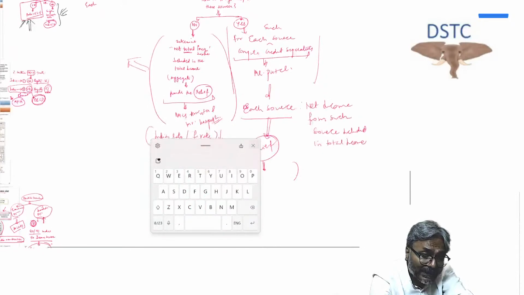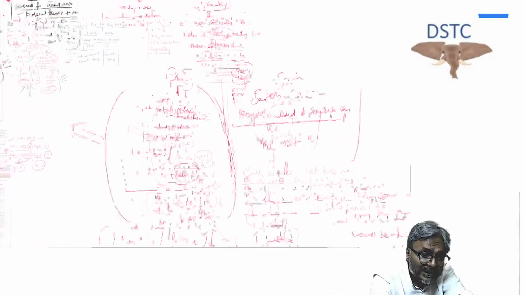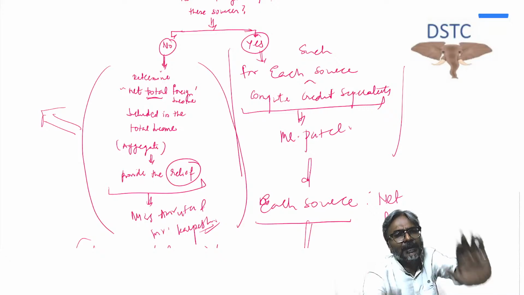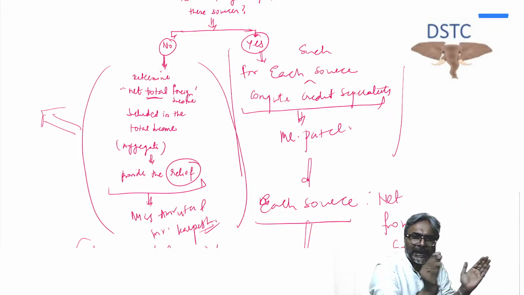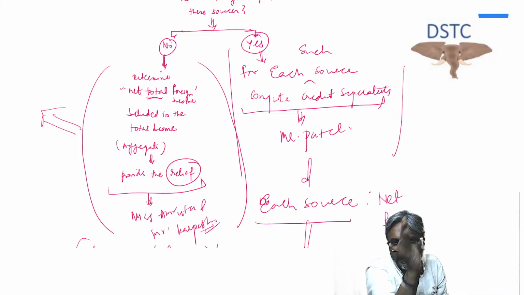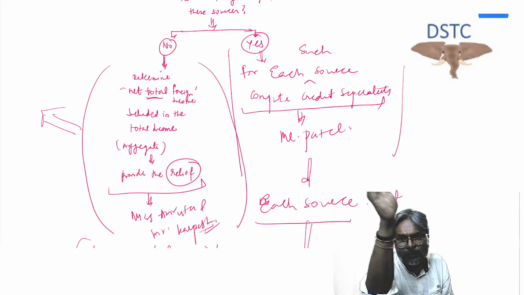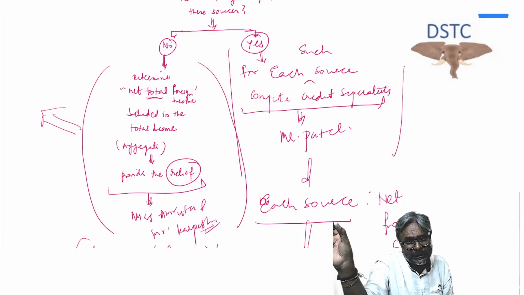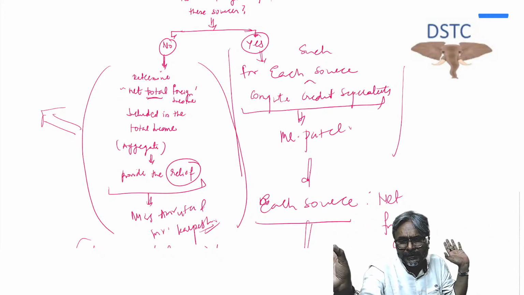If it is only one country, then you will check whether for every source there are different rates or only the same rate. If it is the same rate, do the aggregation. Then whatever is the net foreign income finally included in the total income, apply the lower of the two rates.